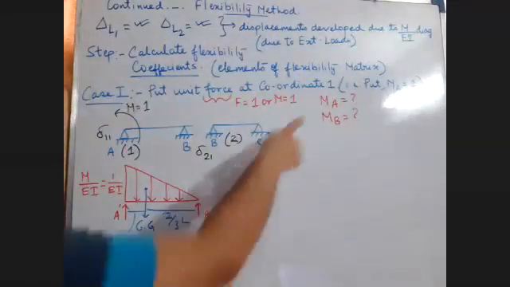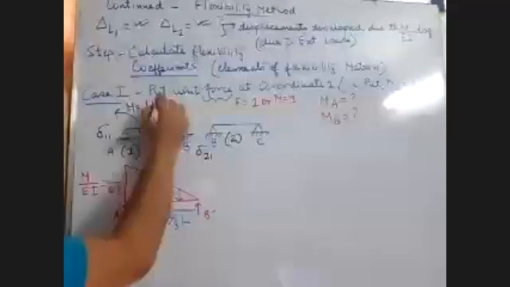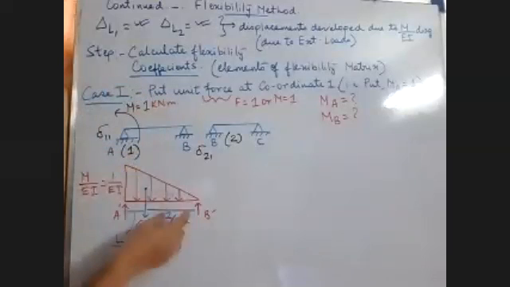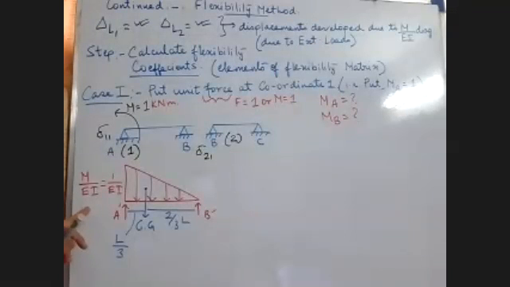So what I did, I put the bending moment 1 kilonewton meter at this point A. So if I just put 1 kN bending moment, then M by EI will be like this.